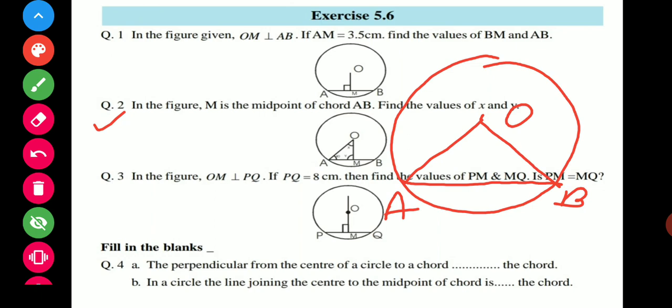Find the value of X and Y. Where is the X and Y? M is the midpoint.